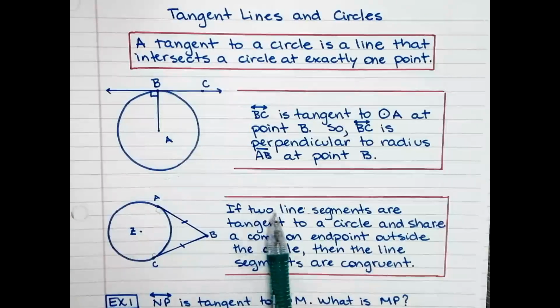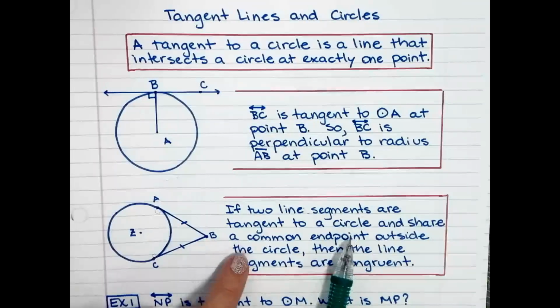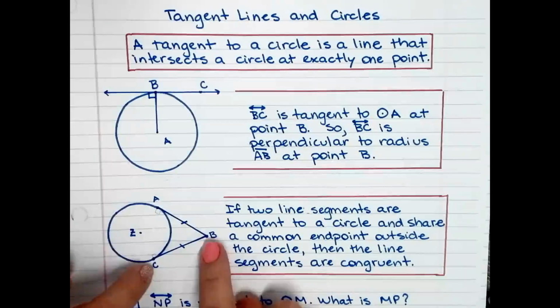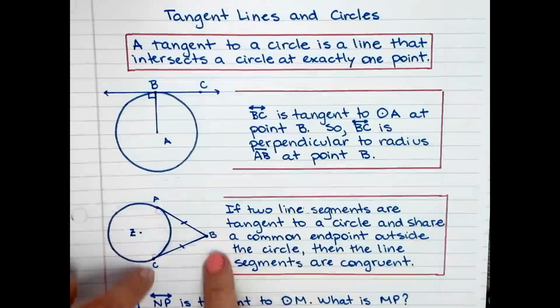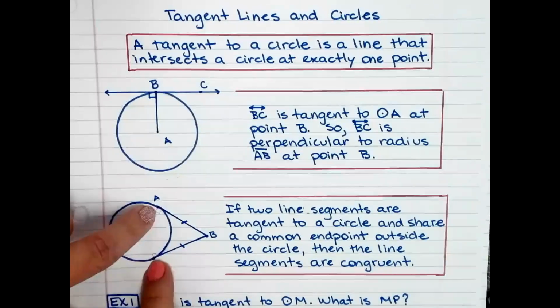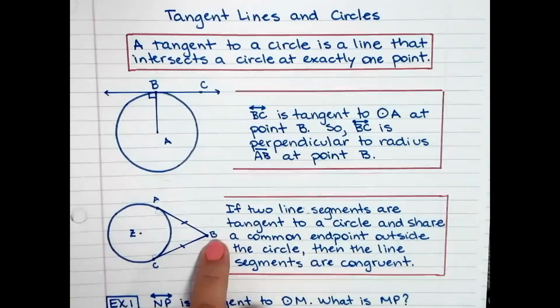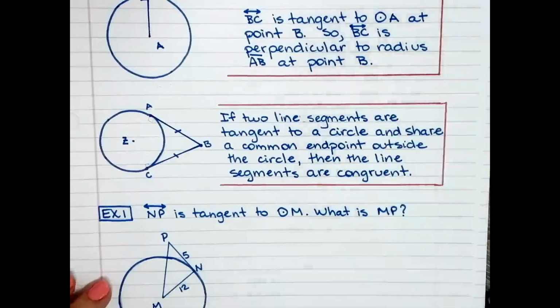If two line segments are tangent to a circle and share a common endpoint outside the circle, I have this line segment, and the point is right there on the outside, then the two line segments are congruent. I already know these two are 90 degrees because of the definition, but if they share the common point outside the circle, then they're congruent. We're going to work 4 examples based off these two things.